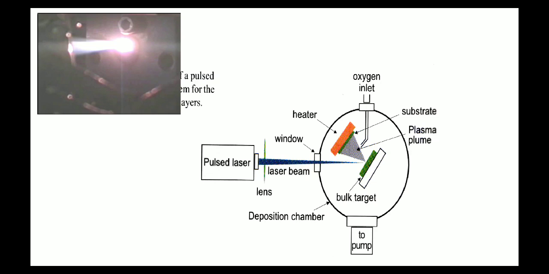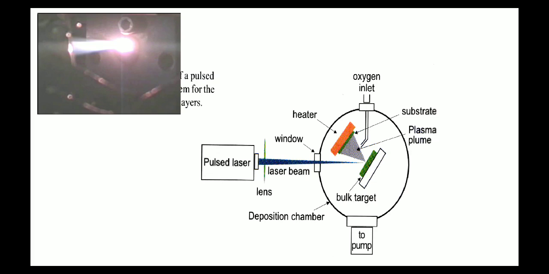And as I said, when the laser pulse is incident on the surface of the target, there is generation of a plasma plume. How this plasma plume looks, you can see in the photograph shown on the left hand side of this PPT.